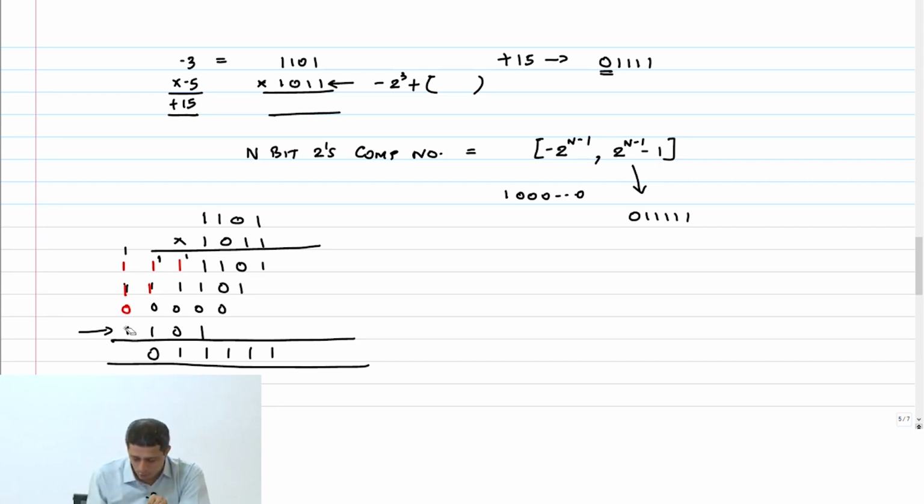And therefore, what I have to put here is not just that value, but the negative value of that guy. Right? So if I get minus 5, I have to put plus 5 there. Oh no, minus 3 into minus 1, I have to put plus 3. So this has to be 1100. Correct?